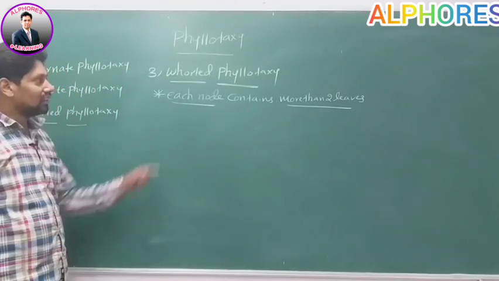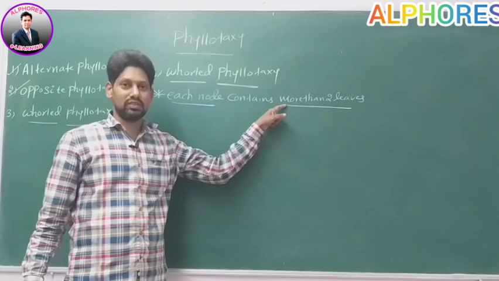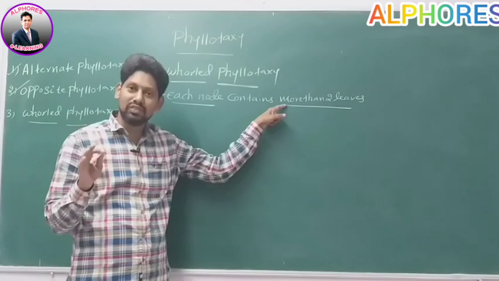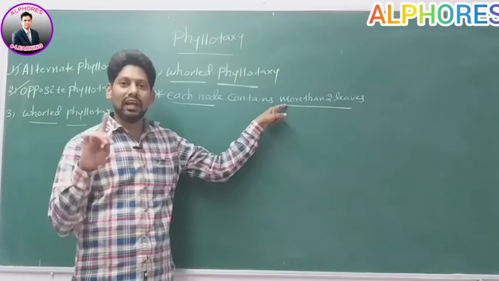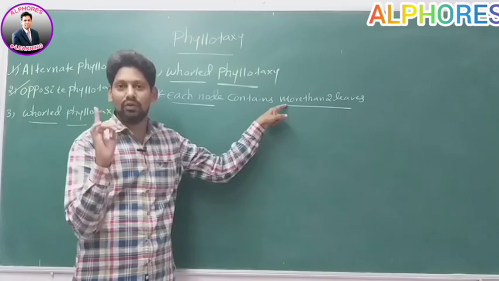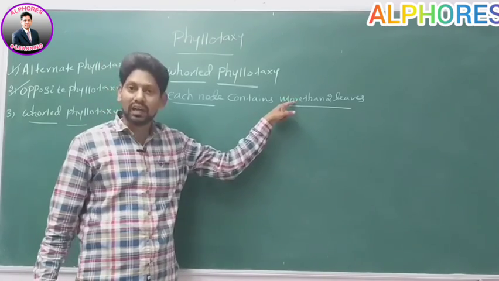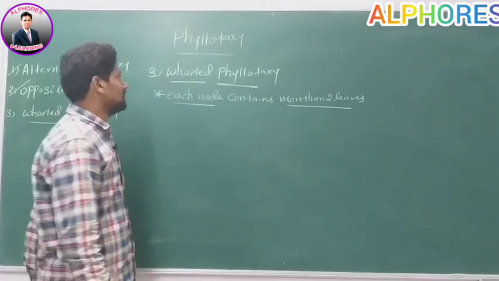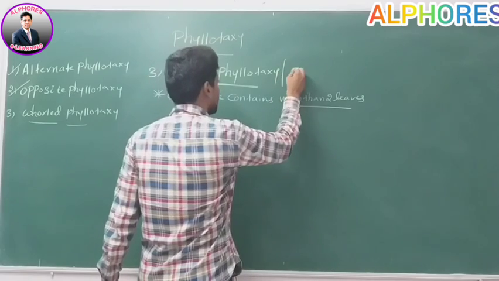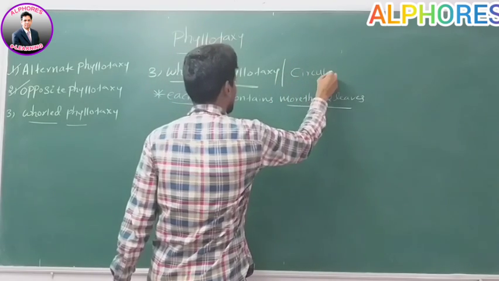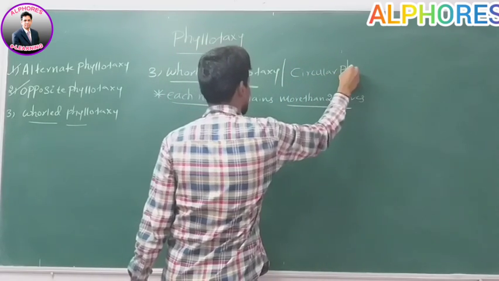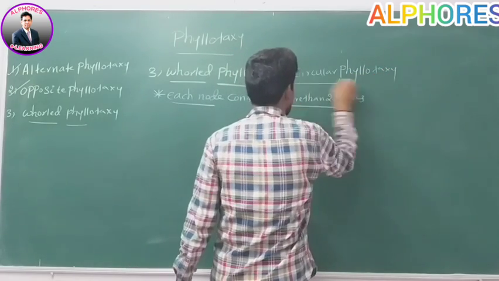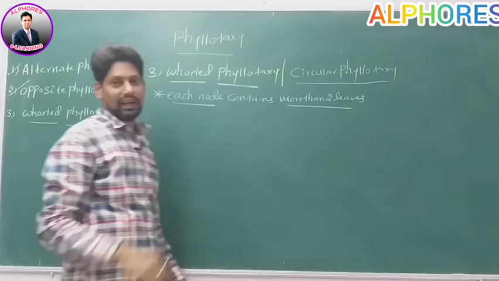Sir, you are saying that each node is with more than 2 leaves. Are these more than 2 leaves present on the same side? No. These leaves are arranged circularly around the stem. That's why this whorled phyllotaxy is also called circular phyllotaxy.